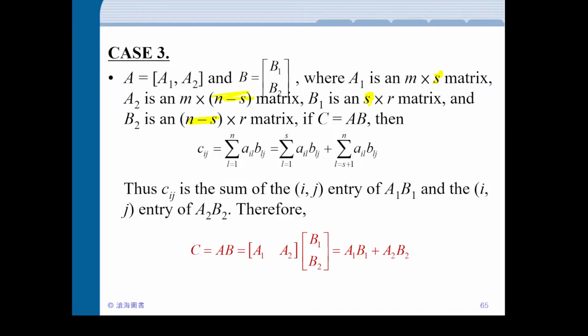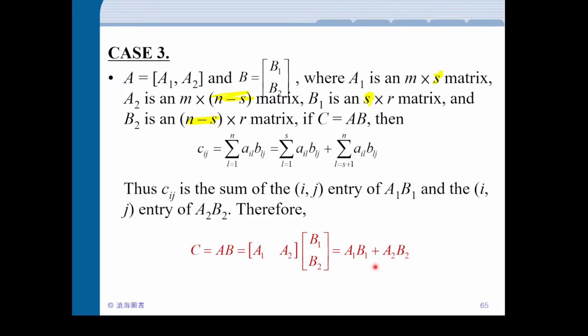And when that happens, AB is those two block elements multiplying those two block elements, and you can think of the block elements kind of like elements. So you just have A1B1 plus A2B2 as your result. And then you resolve A1B1 as a matrix multiplication, and A2B2 as a matrix multiplication.